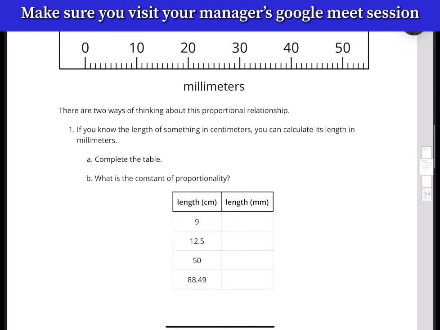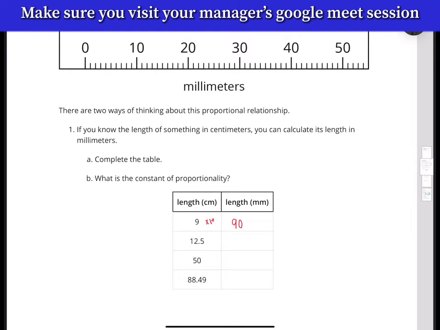So what do we want to multiply 9 by? If you guess 10, you are absolutely correct. So if there are 9 centimeters, there will be 90 millimeters.